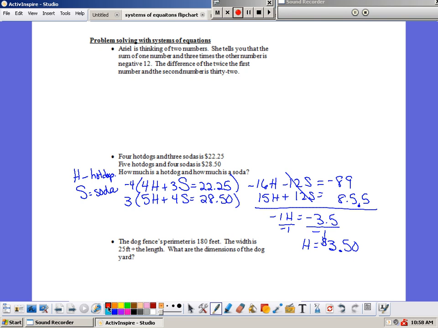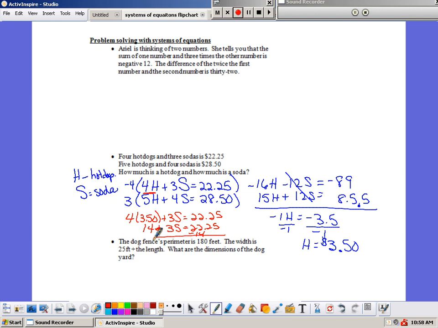Now I'm going to take the $3.50 and I'm going to plug it back into one of the two equations. I'm going to plug it into this one. 4 times 3.50 plus 3S equals 22.25. 4 times 3.50 is $14, plus 3S equals 22.25.